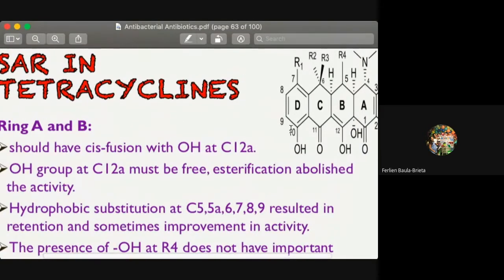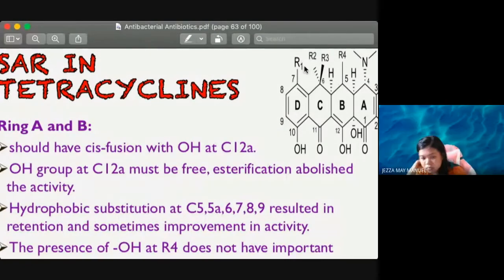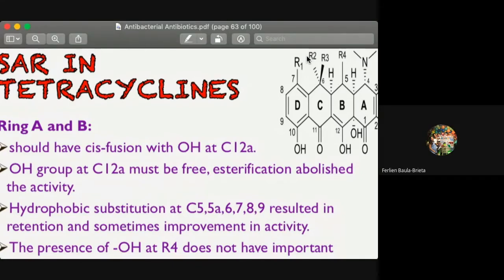So the C5, this one here, C5 in the top of the structure, C5A, 7, 8, and 9, they can be substituted. So meron tayong mga R dito nakikita. So these are the areas for substitution. Sometimes it retains the activity even though you have substituted, but sometimes it also allows improvement.